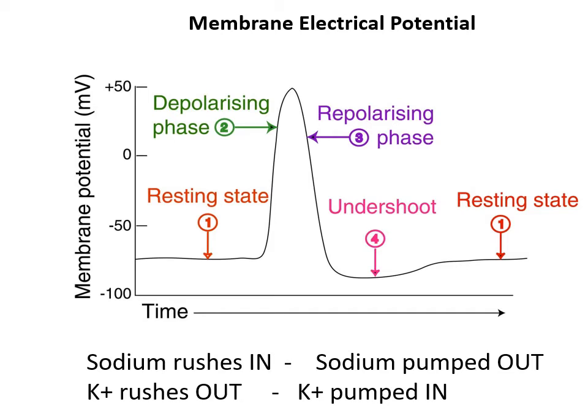Why do we care about this? Well, this is going to matter when we talk about electrical conduction in the heart. How do nerves in the heart conduct electricity to then allow the heart to pump? Or electrical conduction along any nerves in the body. They do exactly this.